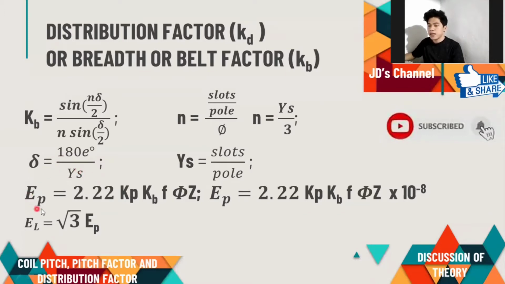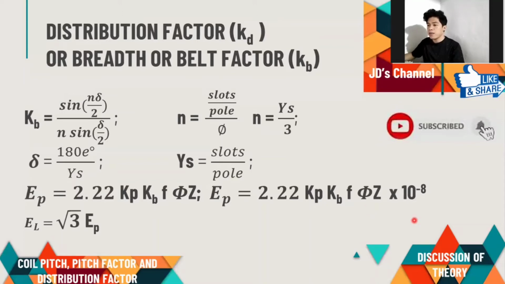And then this is our generated voltage per phase, which is equal to 2.22 Kp Kb or Kd times frequency times flux times the number of conductors per turn, which is Z. And we multiply it by 10 raised to negative 8 if the flux is in Maxwell or lines.